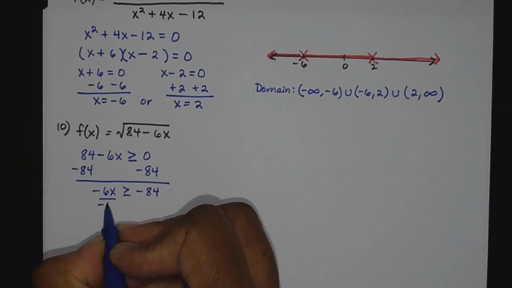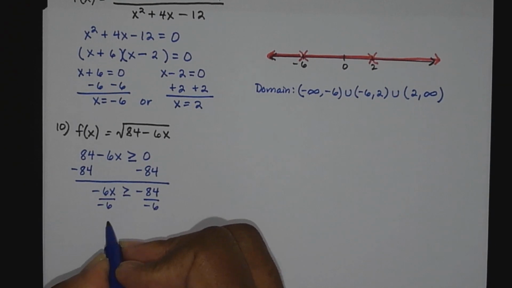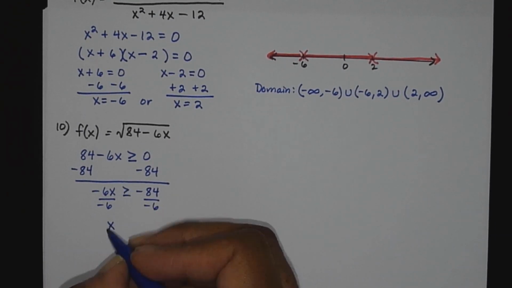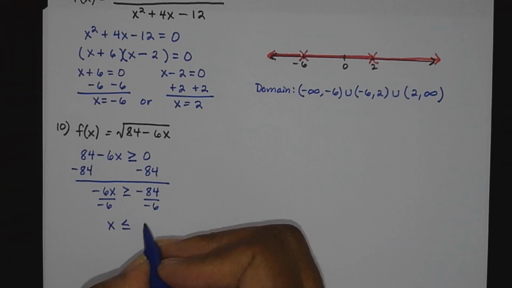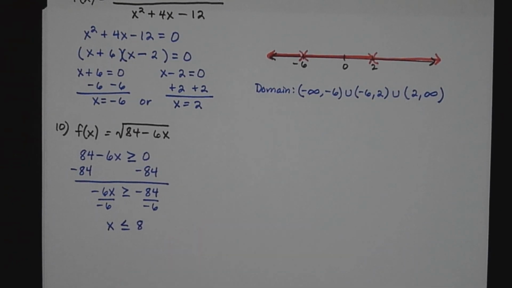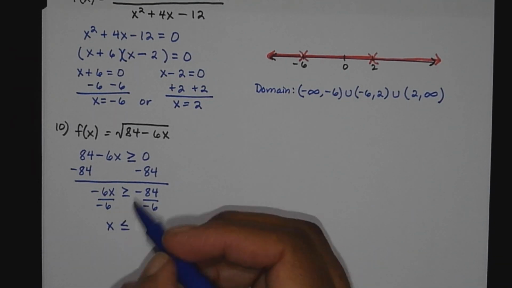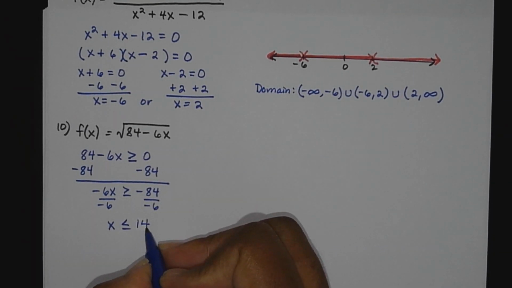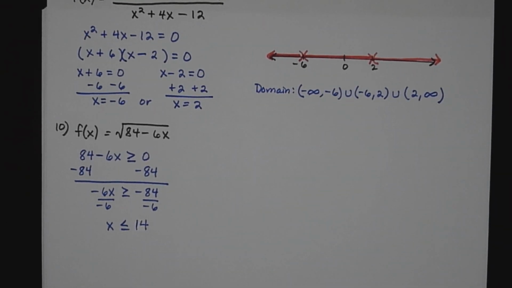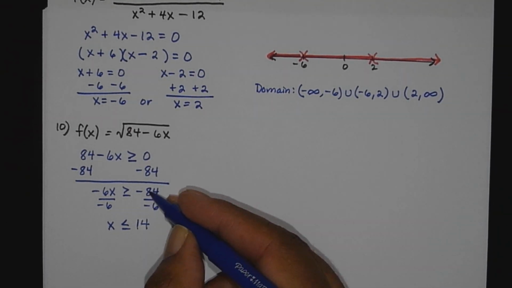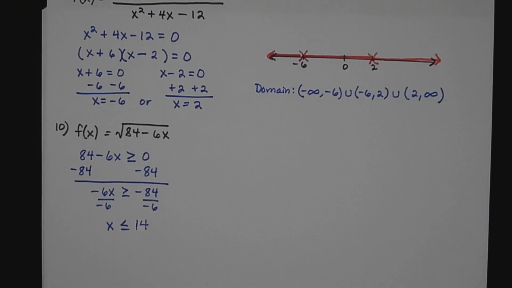And then if I divide both sides of this inequality by negative 6, we flip this inequality symbol from greater than or equal to, to less than or equal to. 84 divided by negative 6, 14. Okay. So any x value less than or equal to 14 would satisfy that radical function.